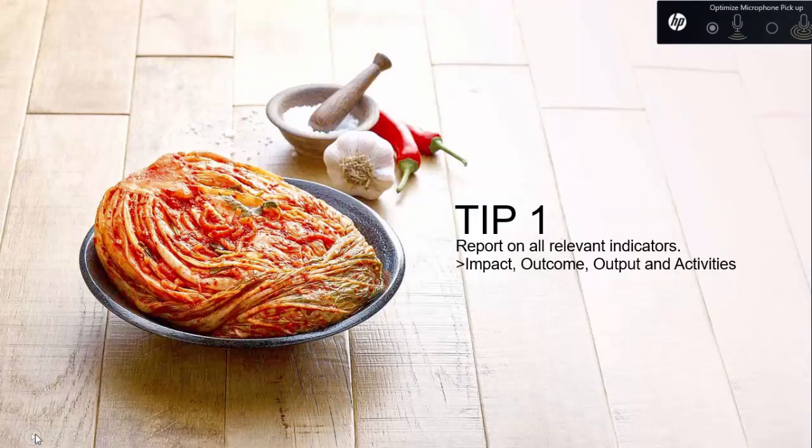Now, the first thing you must understand is that stakeholders are interested in whether the project has made any progress, and progress can only be seen from the indicators, the relevant indicators that the project has been designed for.